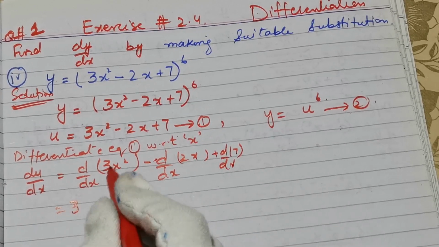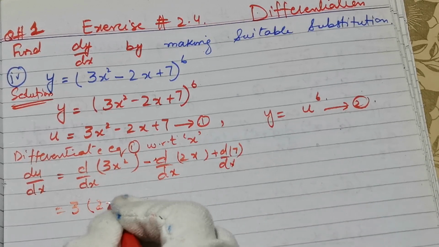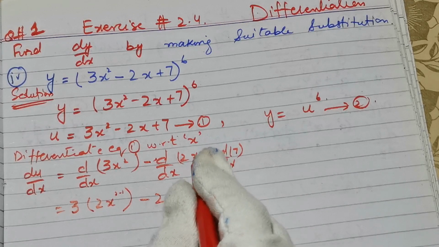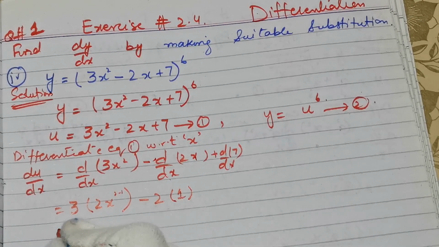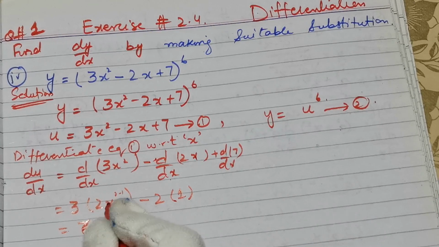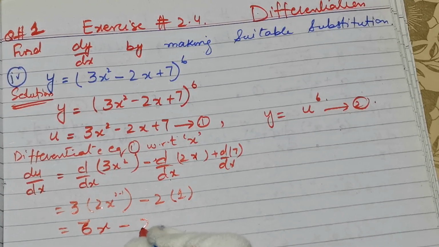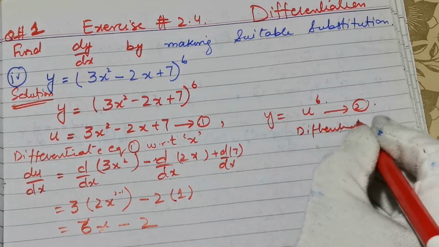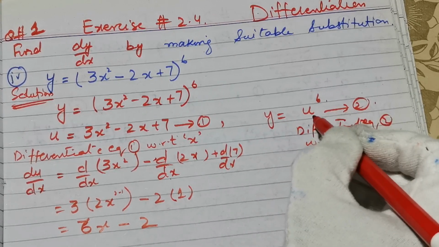Constant outside, derivative of x square is 2x, and minus 2 outside, derivative of x with respect to x is 1, plus 0. 3 twos are 6, so 6x minus 2.